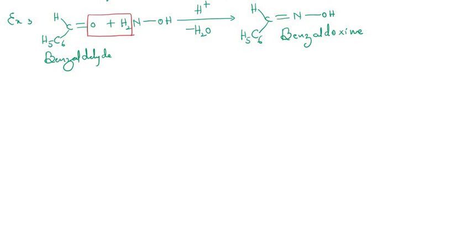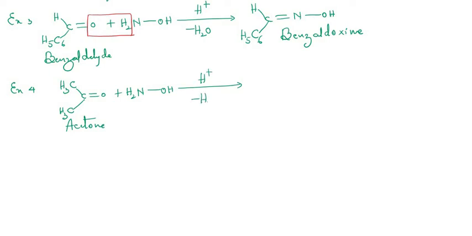Now let us go with another example, that is with respect to ketone. Fourth example, C double bond O with two CH3. The compound name is acetone. When treated with hydroxylamine, arrow mark, above the arrow mark H plus, there is a loss of a water molecule taking place.